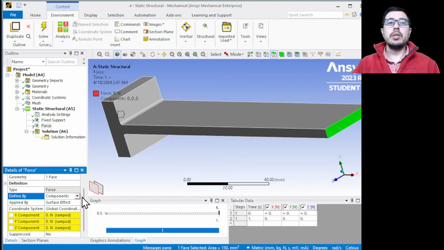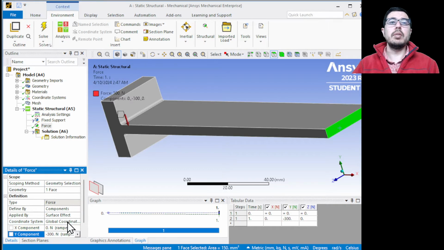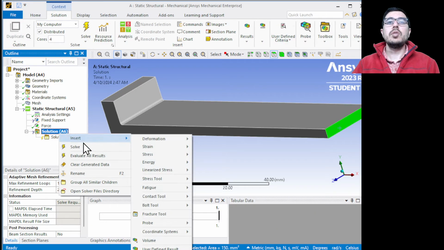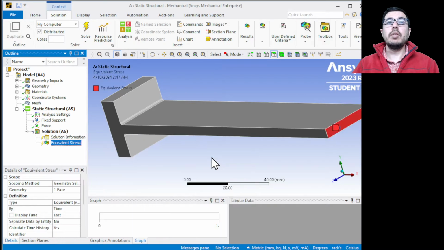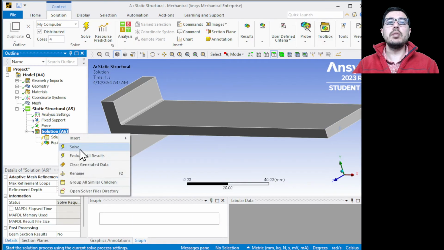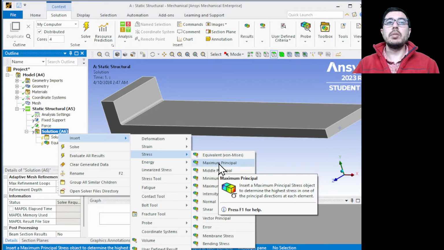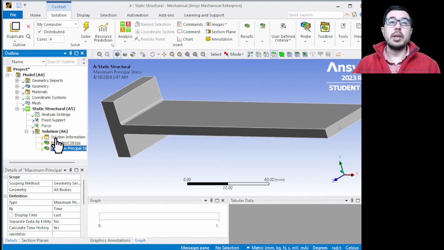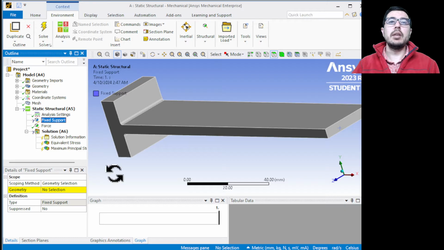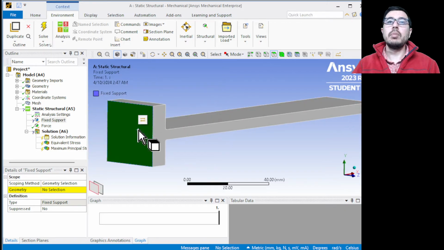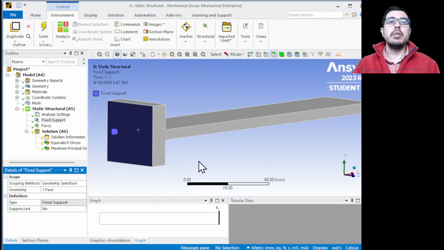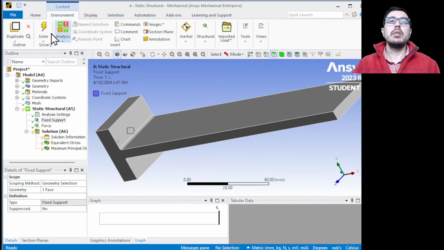We're going to go in the minus y, and we said 300, so minus 300. Okay, and then we're going to be looking at stresses. So we can insert the equivalent von Mises. We can also insert the maximum principal. Okay, that would give us the bending stress. So let's see, it says fixed support, because I didn't click the ever important apply. There we go. And we'll solve.